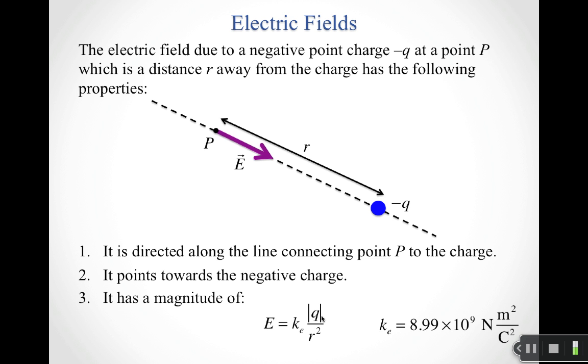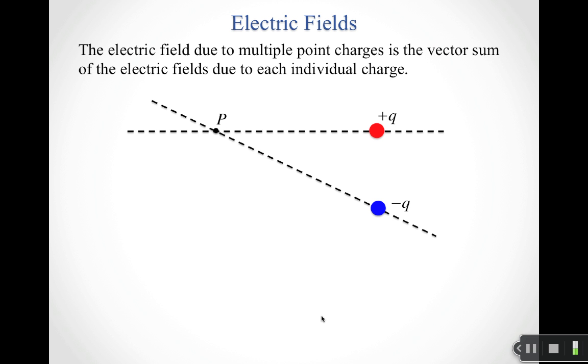So the last piece to add is what happens if I have multiple point charges. If I've got multiple point charges, again, I'm just adding vectors. Here at point P, I've got two charges whose contributions to the electric field at point P I'm interested in. The contribution from my negative charge will point towards the negative charge.